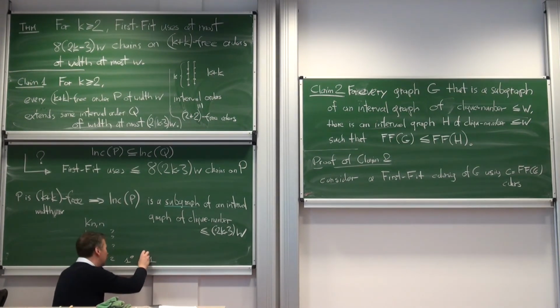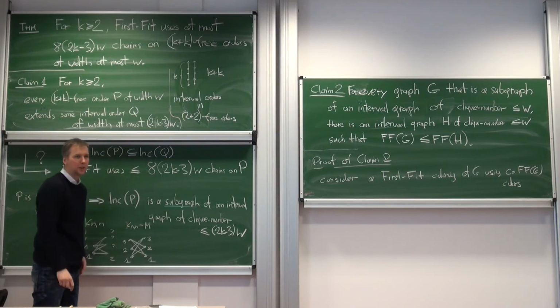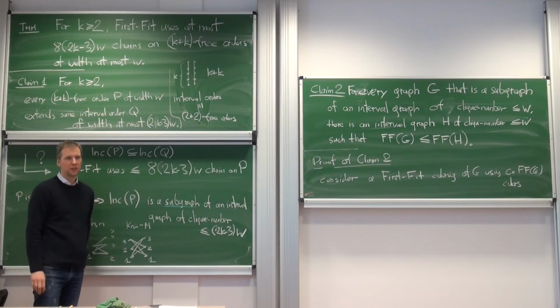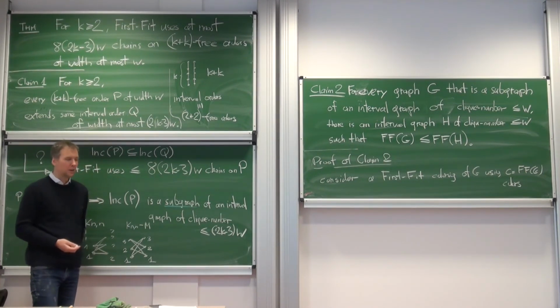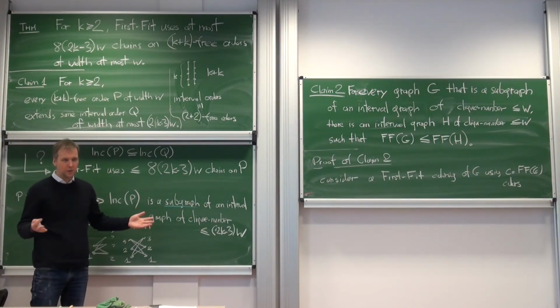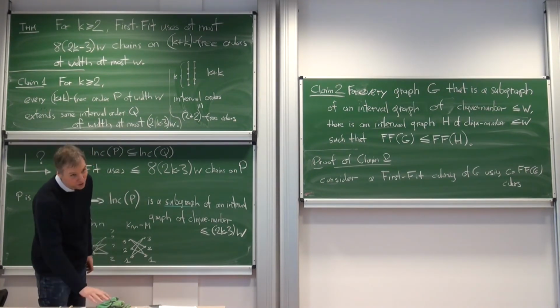I present the other vertex. And then here you get color 2, and you copy the color 2 here, and 3, and 3. So this is K n,n, just without the perfect matching. It's a subgraph on the same ground set, vertex set. Yet first fit explodes. So it's not true that if we have a bound on an interval graph, we have immediately a bound on a subgraph. Well, in the interval graph case, monotonicity is true.